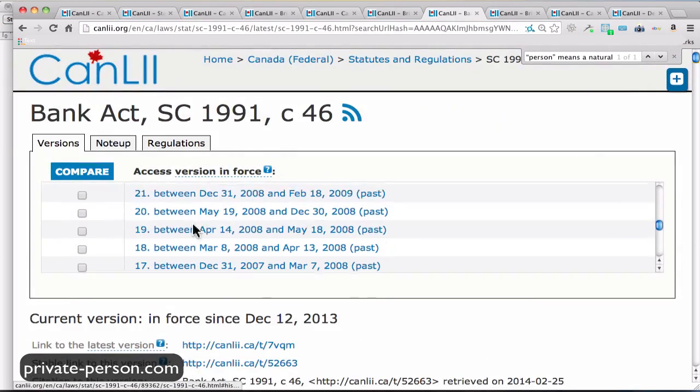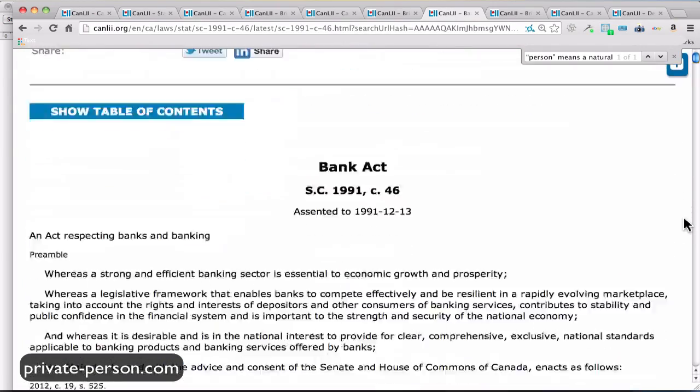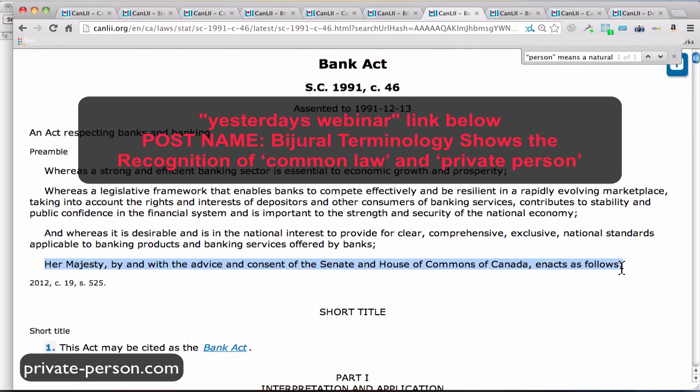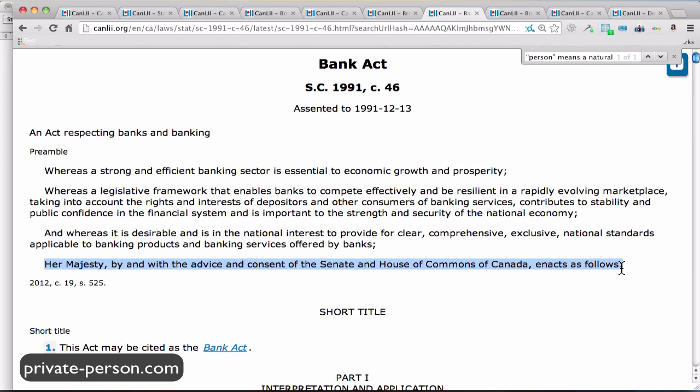And if you'll look at, just on an additional little note, you notice the Bank Act here has a preamble, all right? And it has an enacting clause from Her Majesty. Now this is going back to yesterday's webinar with regards to the fact that there are general applicability laws and limited applicability laws.